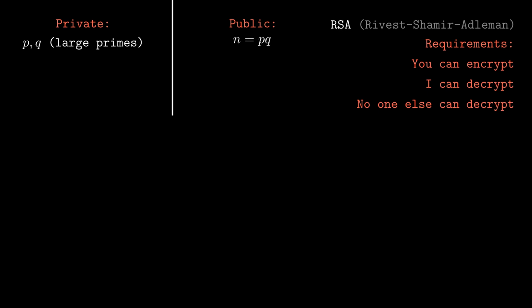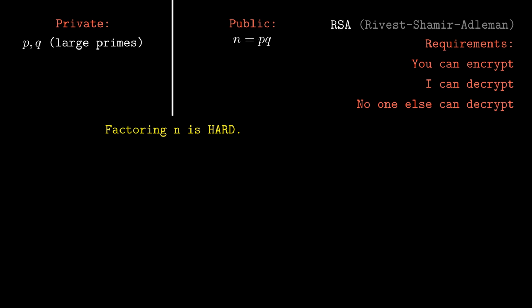But the clever part is, even if an outsider knew n, they wouldn't be able to obtain p and q, because it turns out factorizing large numbers like n is very hard, since we can't do much more than simply guess factors. And by very hard, I mean it would take a computer on the scale of quadrillions of years to factorize n if we chose p and q to be large enough. So yeah, factorizing n ain't gonna happen.